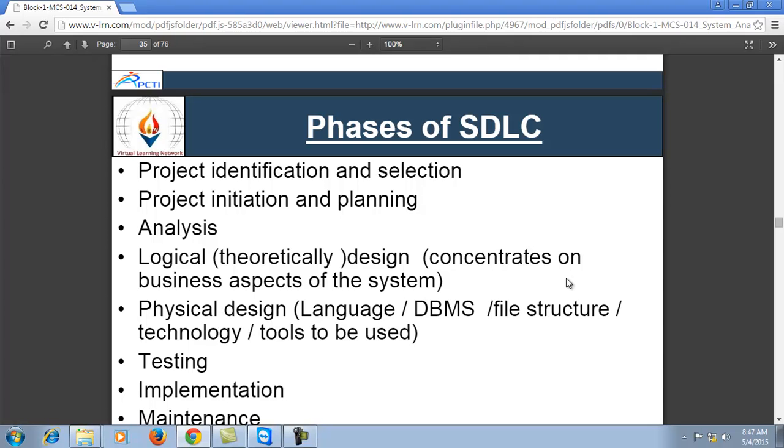Then again a scheduled meeting is conducted in which all the key persons who are passively or directly involved in the software development lifecycle work are involved.